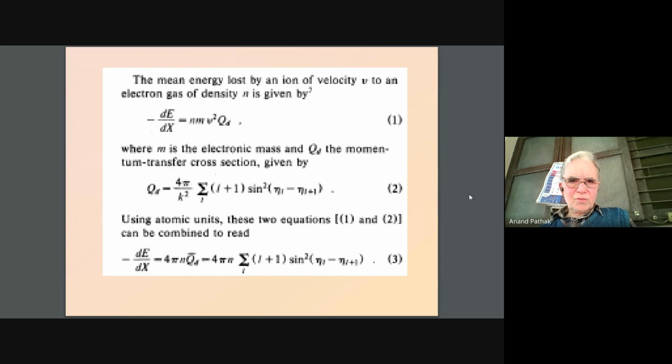So to understand that, one has to consider that when the charged particle is moving between the channels along the crystallographic direction, then electrons which are scattered take away the energy, and that energy taken is given by this formula. N v m square, N is the density of the electrons, and sigma_tr is the transport momentum transfer cross section. Momentum transfer cross section depends on the phase shift of the scattering. The next one.